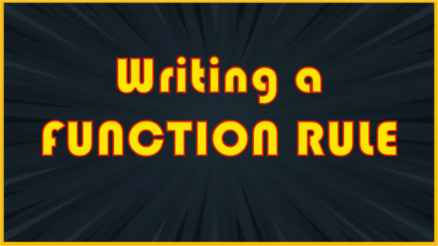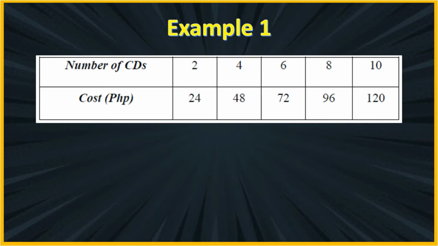Let us tackle how to write a function rule. We have here our first example, number of CDs and its cost in pesos. 2 CDs is worth 24 pesos, 4 is 48 pesos, 6 is 72 pesos, 8 is 96 pesos, 10 is 120 pesos.